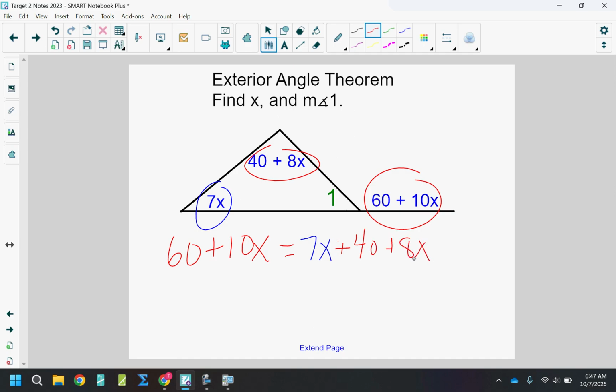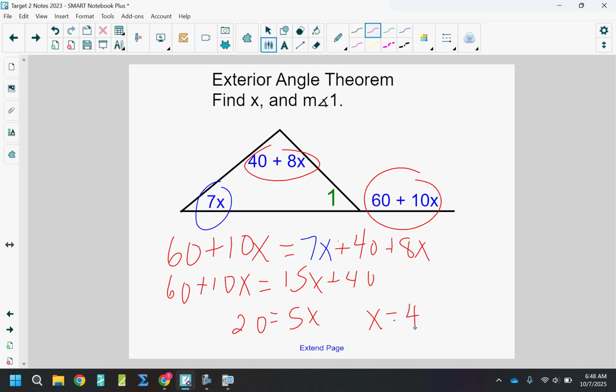Okay, so now if I start solving that, I'm going to have 60 plus 10x is equal to 15x plus 40. And that's going to be 5x is equal to 20, which makes x equal to 4.